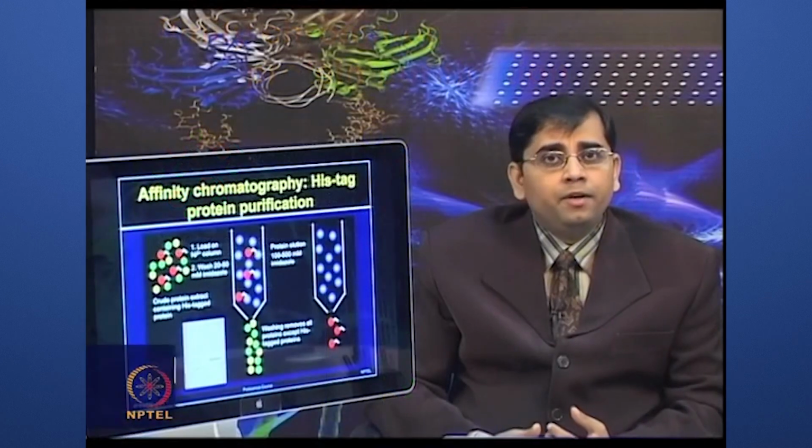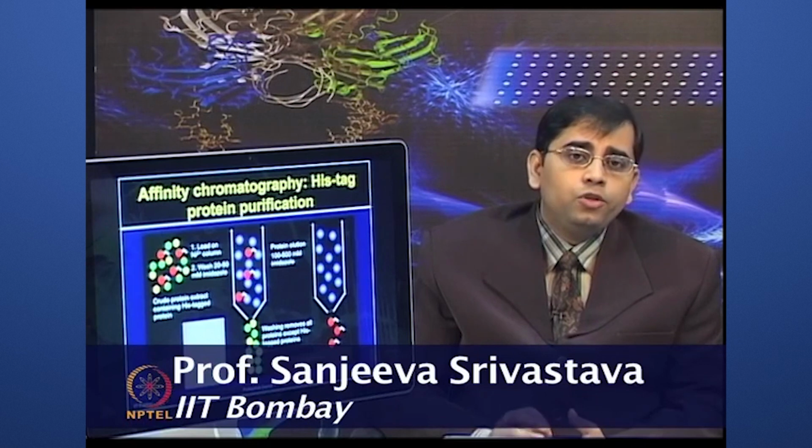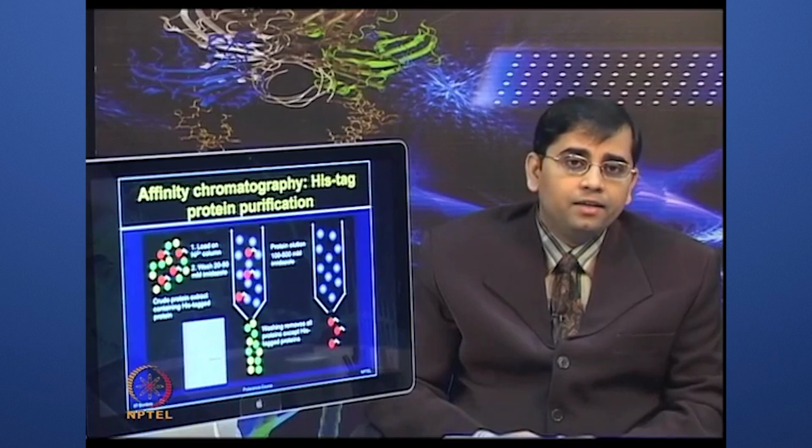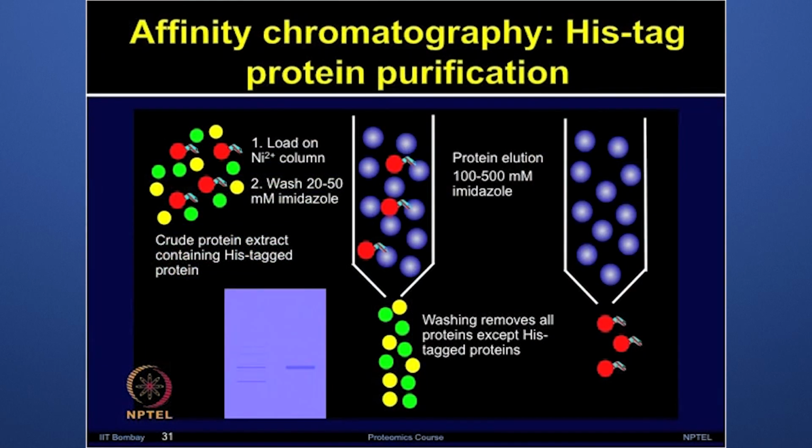The genetic engineering methods have made it possible to create fusion proteins, which show a strong affinity between the fused protein and the ligand. So, for example, as shown in this slide, the affinity of the histidine tag with the nickel NTA column.